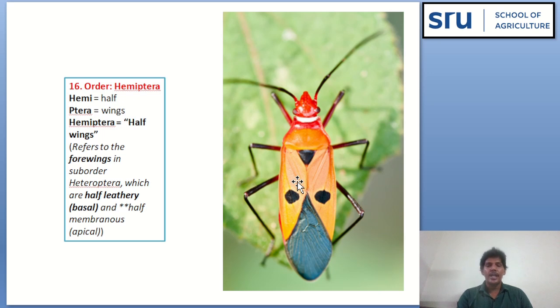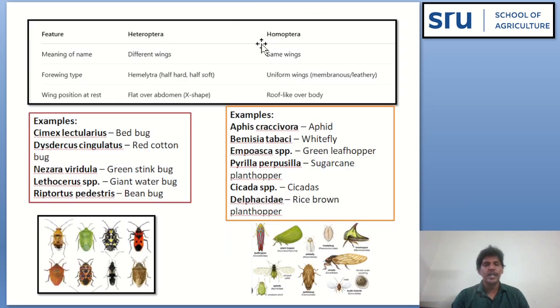Next order is the Hemiptera, that is half of the wing. Here half of the wing is leathery and the remaining half of the wing is membranous. That's why the order name is the Hemiptera. This order is again divided into two suborders, that is Heteroptera and Homoptera.